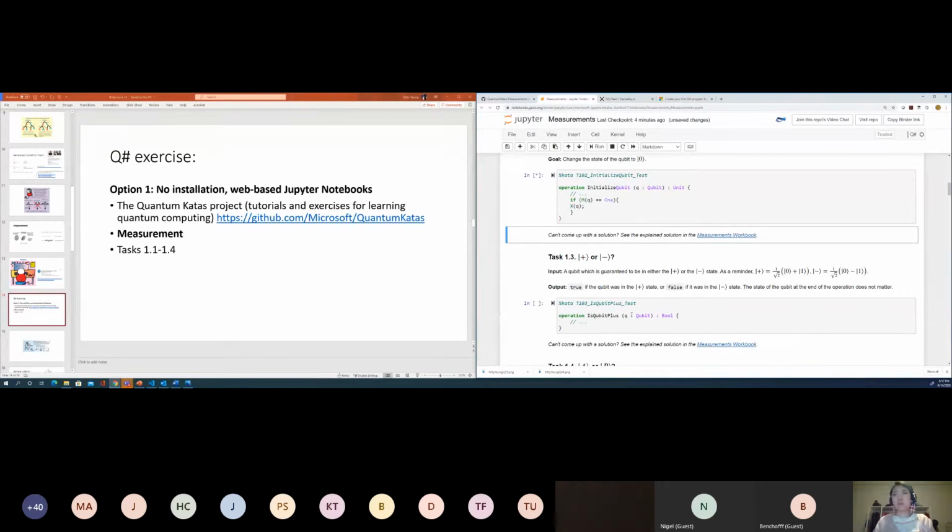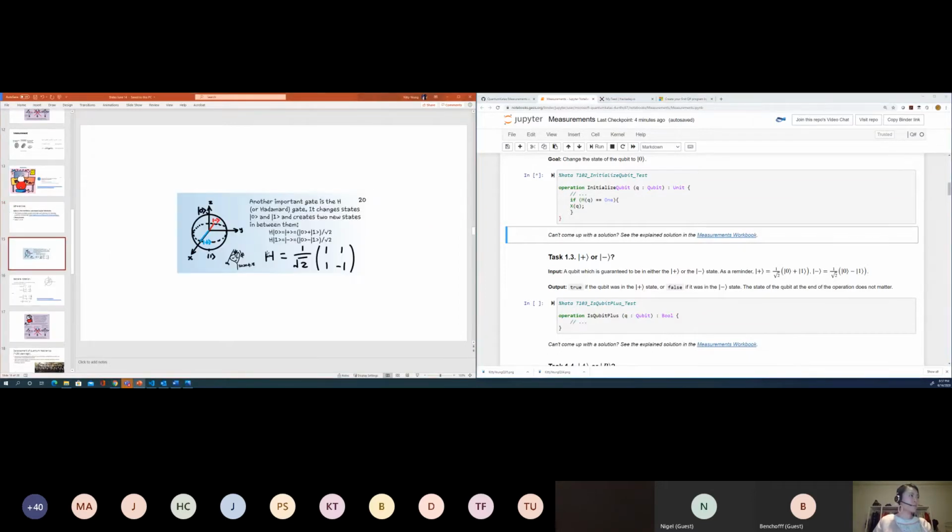So how do you think about this one? If your initial state is plus, here I show you this H gate on the left. You know that if you had a 0, doing an H gate will give you a plus. If you had a 1, doing an H gate will give you a minus.